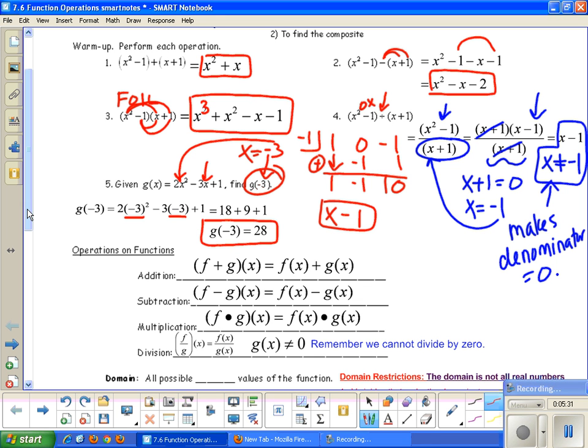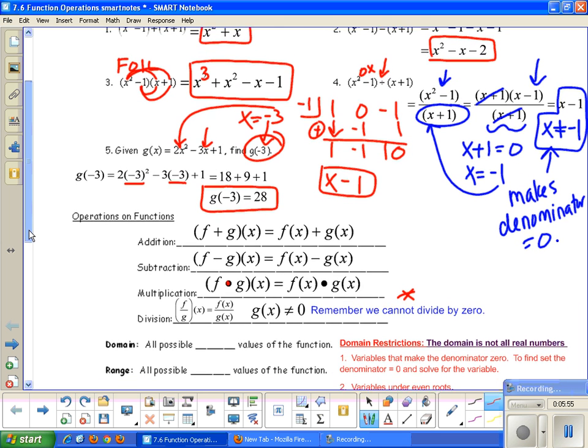For the next one, this right here means multiplication, so f times g of x is the same thing as f of x times g of x. Here we have division: f divided by g of x becomes f of x divided by g of x, and again g of x cannot be equal to 0, because remember we cannot divide by 0, so that's really important.